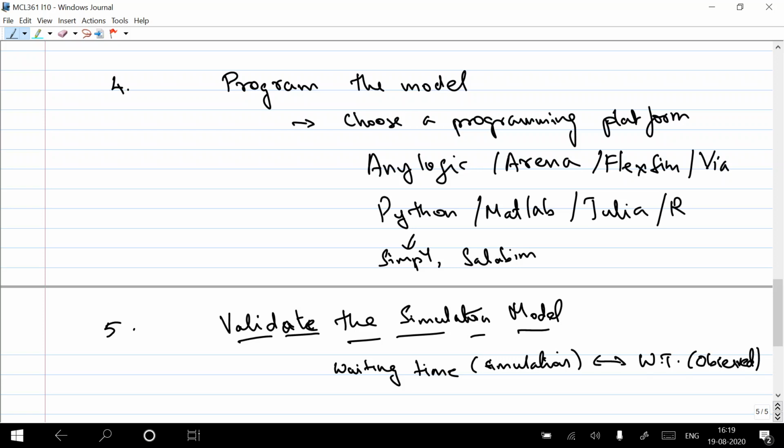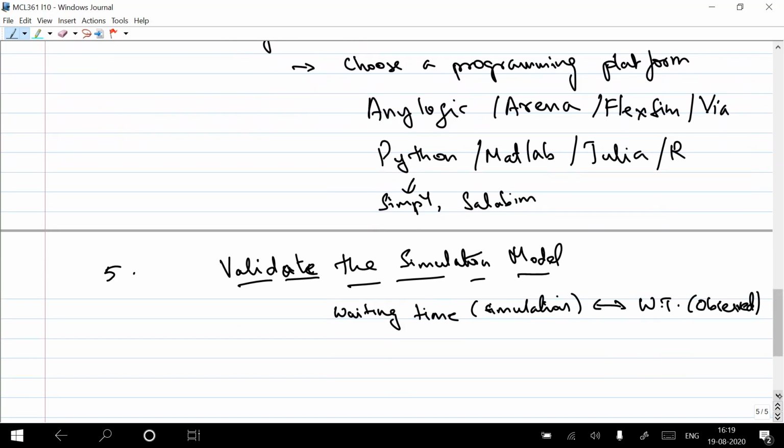So how do you actually do this? What does comparing mean? So ideally, for example, you may want to do hypothesis tests, right? So where you have a sample generated from the simulation of wait time. So let's say call it W1S, W2S, up to, for example, WNS. Here maybe you have observed a bunch of wait times.